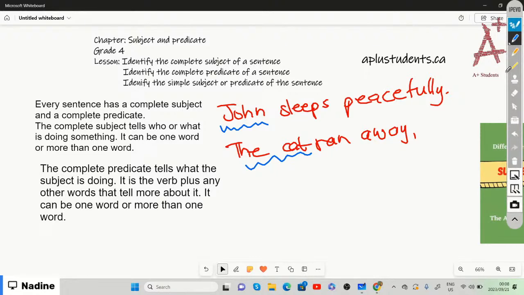And basically, the predicate is a verb. So the predicate is basically a verb plus any other words that tell us more about it. So any other word that gives us information about the subject, that is the predicate. And once again, it can be one word or more than one word.